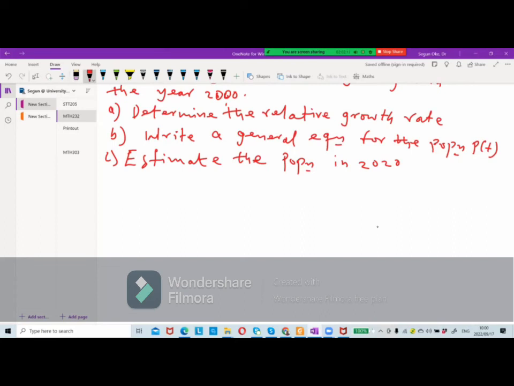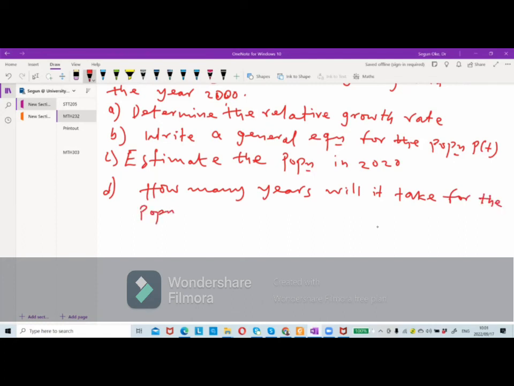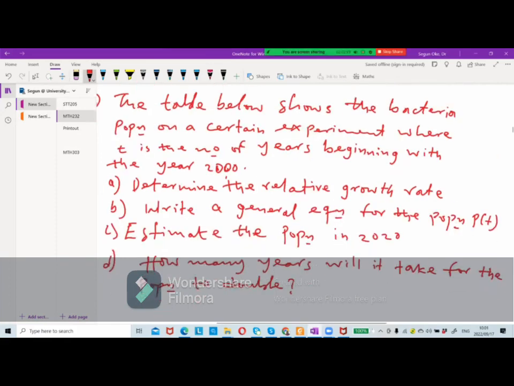And D, how many years will it take for the population to double? How many years will it take for the population to double?